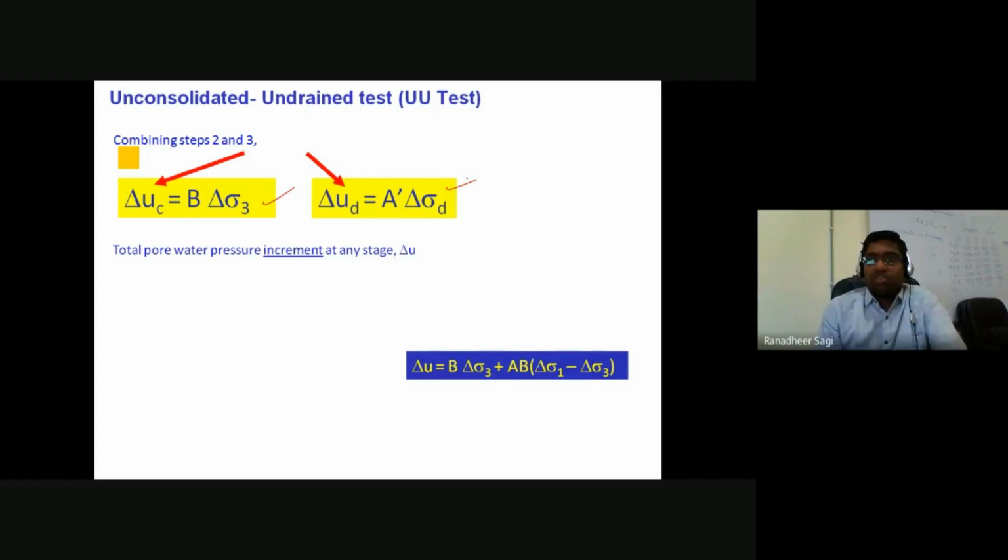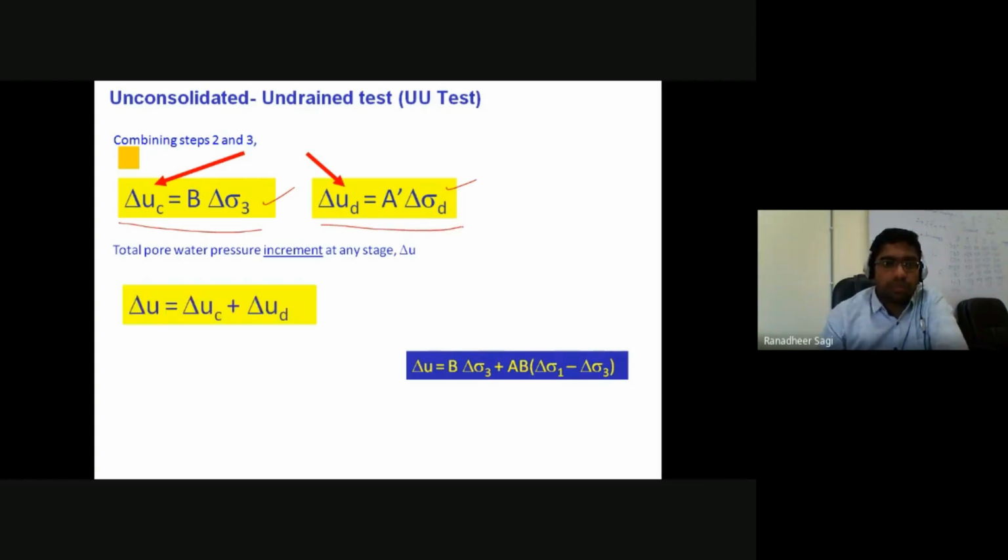So that total increment in pore water pressure contribution is coming because of this term as well as this term. The total excess pore water pressure developed in the soil sample is because of the increment in pore water pressure due to the applied confining pressure and the increment due to the applied deviatoric stress.